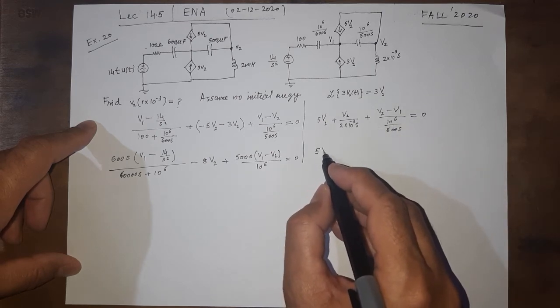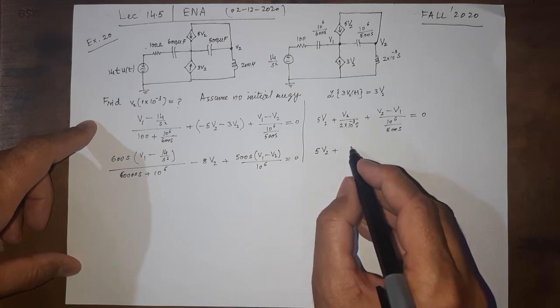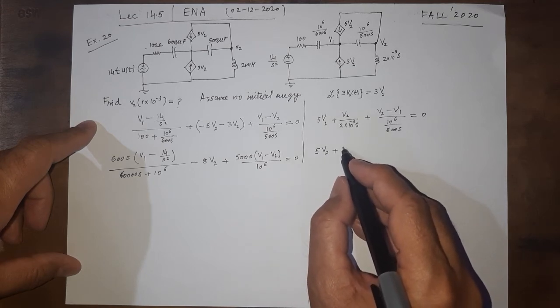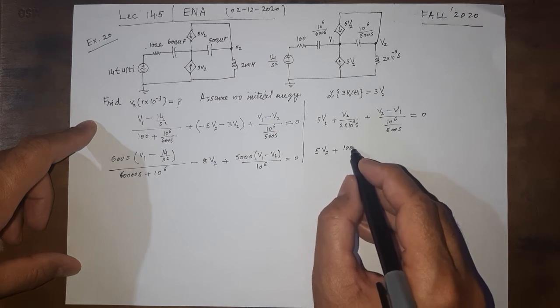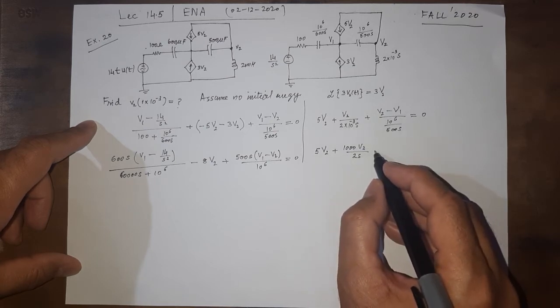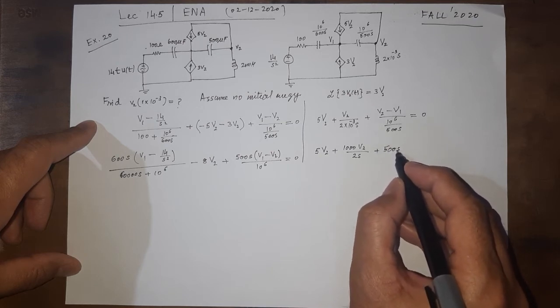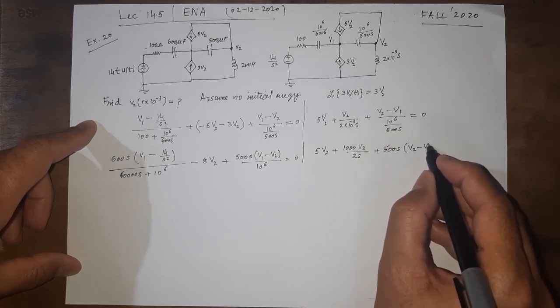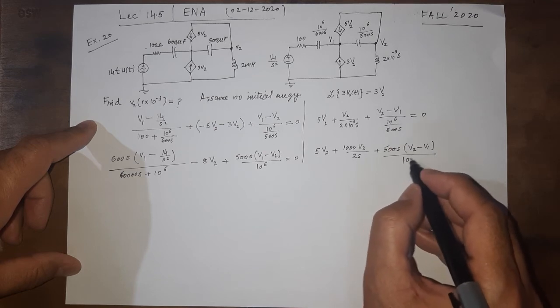So 5 V2 plus 1000 V2 over 2s plus 500s times V2 minus V1 over 10 raised to 6.